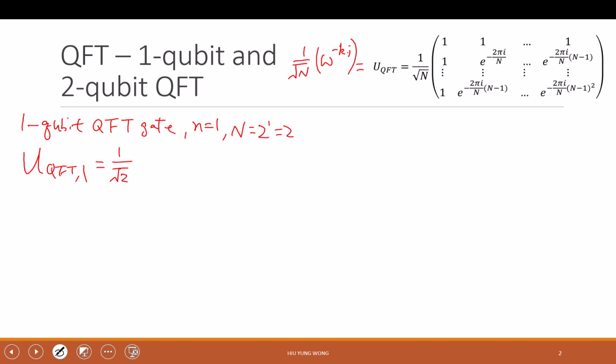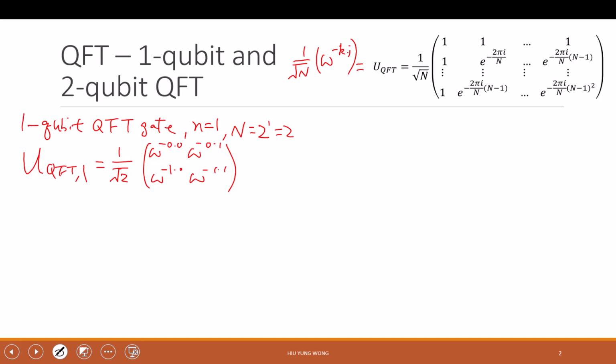So I expect a 2 by 2 matrix, which is omega to the power negative 0 times 0, omega to the power negative 0 times 1, omega to the power negative 1 times 0, and then omega to the power negative 1 times 1. Is that correct?